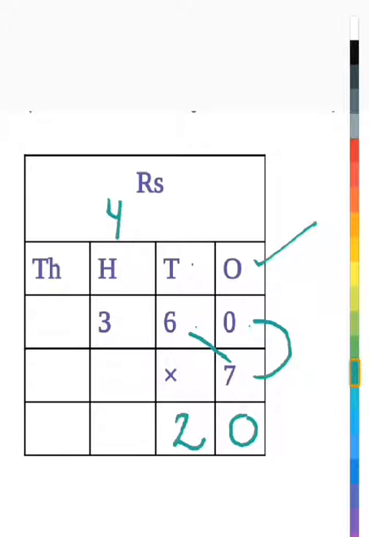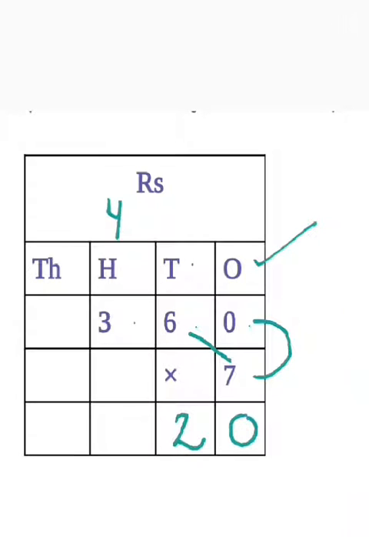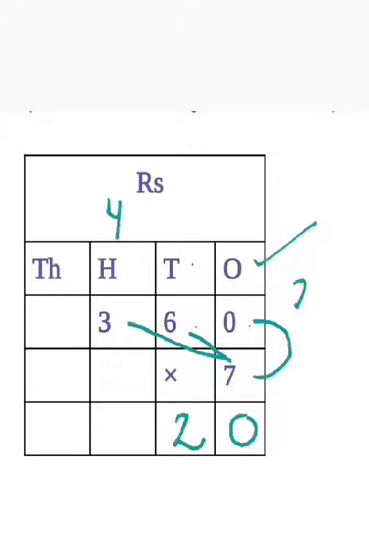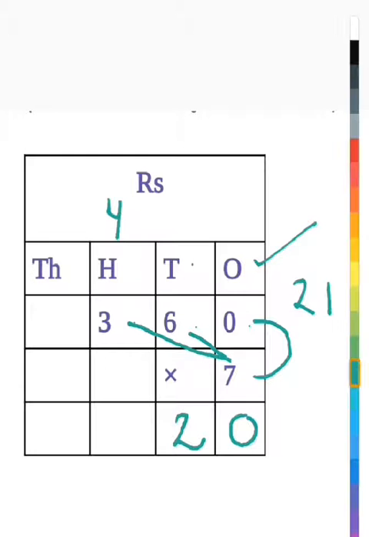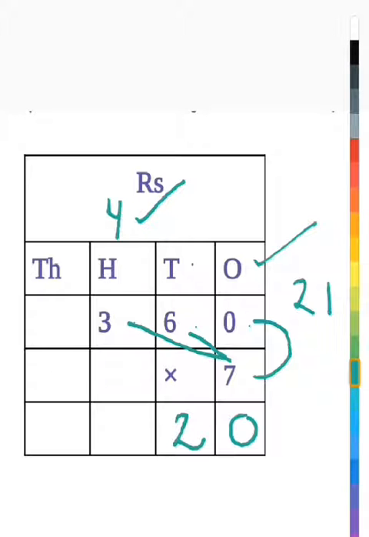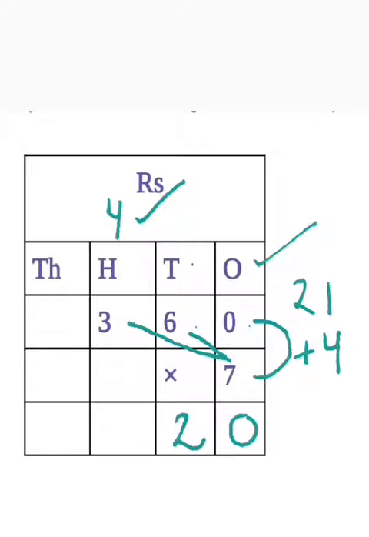Now children, in the hundreds column we have 3. So we will multiply 7 by 3. So 7 threes are 21. But children, as you can see that at the hundreds column we already have a carryover, this 4. So we are going to add this 4 with 21.